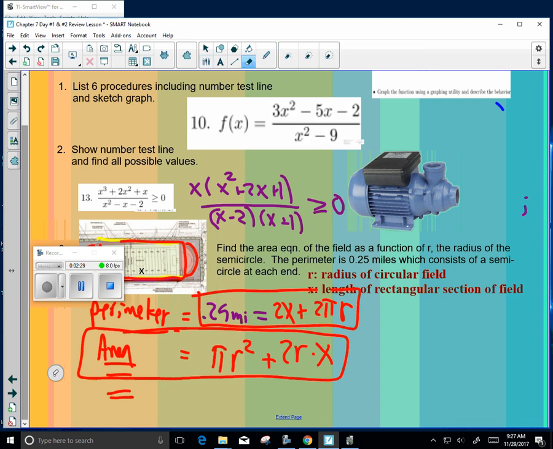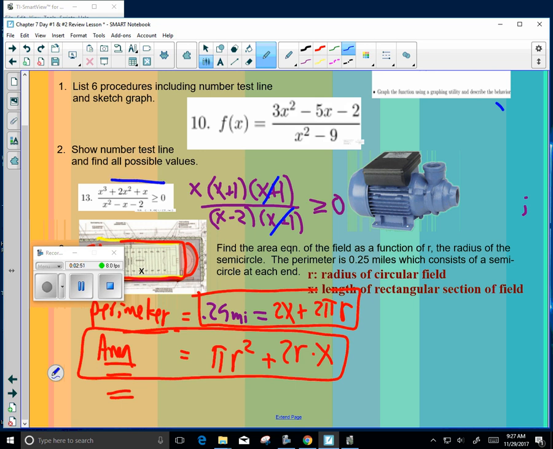Well, factoring x squared plus 2x plus 1, that is going to factor into x plus 1 times x plus 1. And then these are going to factor out. So that's going to leave x times x plus 1 over x minus 2.